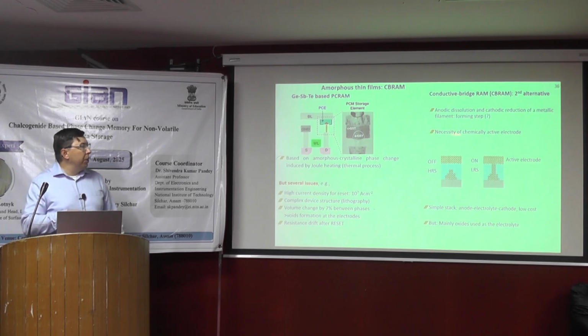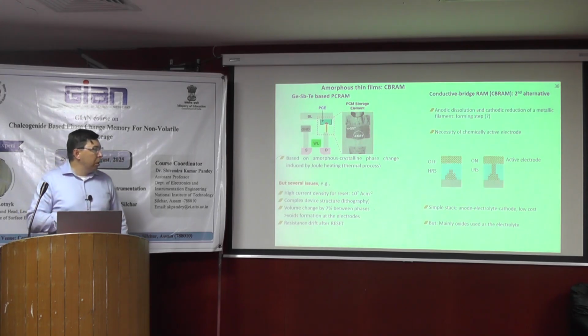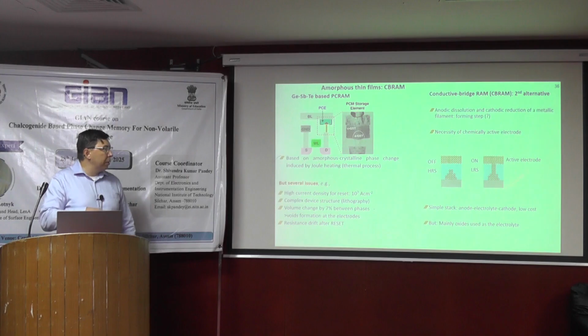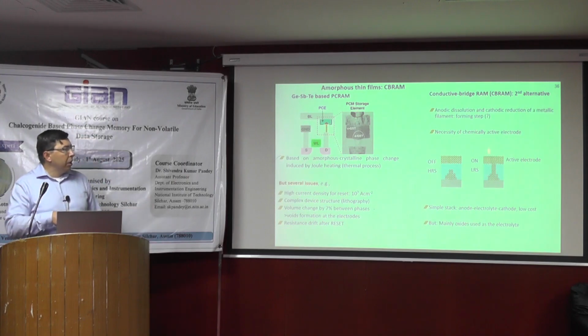But here we need a chemically active electrode. So just as a recap, how does it work? If I have an active electrode here, we first form the filament, and then by forming and destroying the filament, we can get a low resistance state or high resistance state.